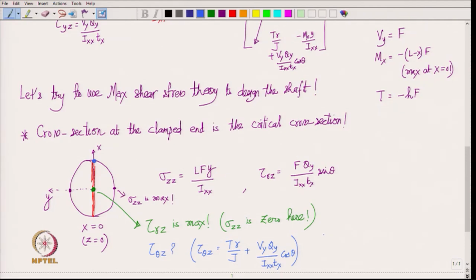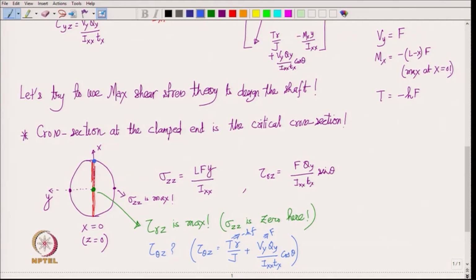Also see the value of t, t is minus hf. So, this is minus hf, whereas V y is F. So, the first one comes with a negative value, where the second one comes with a positive value.